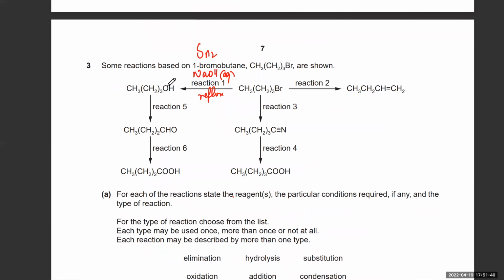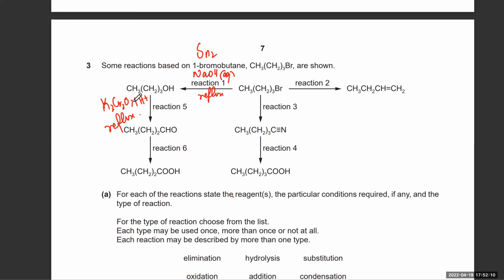How do you convert a primary alcohol to an aldehyde and then to a carboxylic acid? So what are reaction 5 and reaction 6, and what are the conditions for that? Yeah, you can do that with K2Cr2O7, acidified, and reflux, and it's going to turn into an aldehyde.